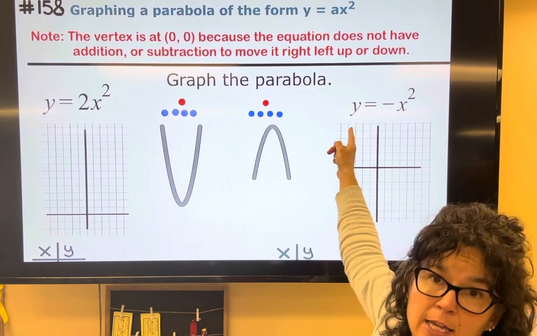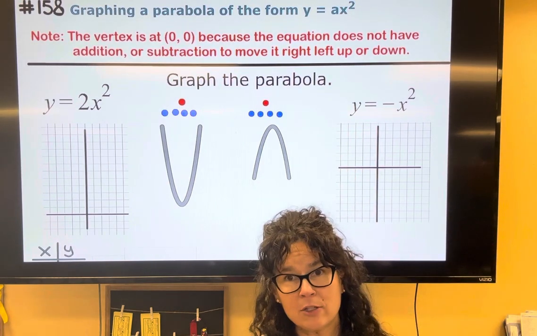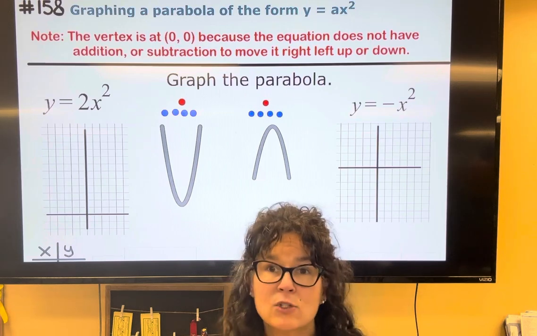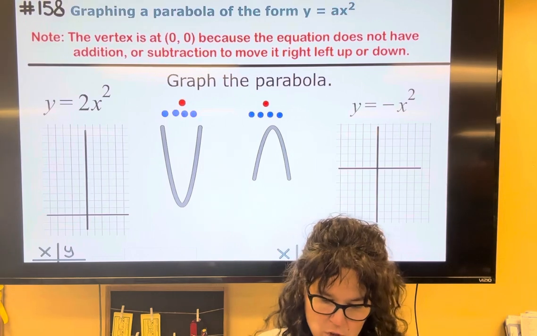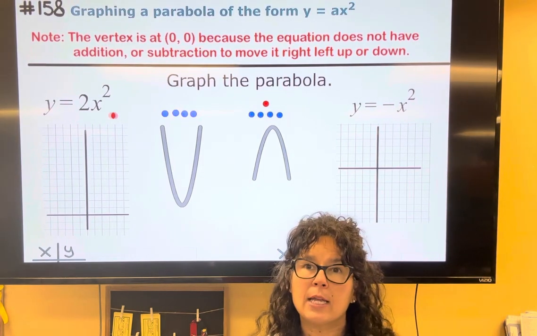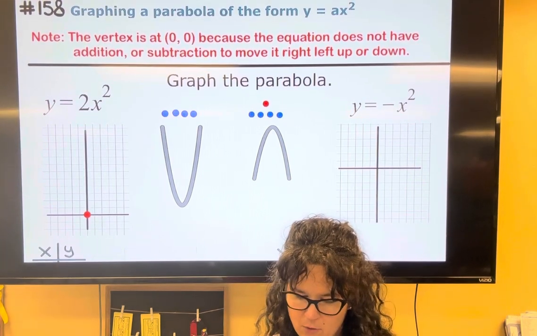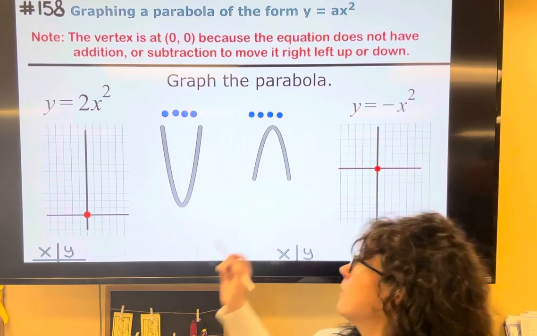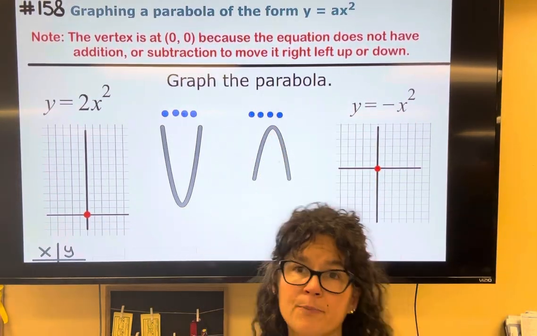The same thing here, I don't see any addition and subtraction. So what that tells me is the vertex is going to be located at 0, 0. So I'm going to go ahead and in both of these put in my vertex at 0, 0 for both of them. Okay, so I have my vertex, which is right here and right here.